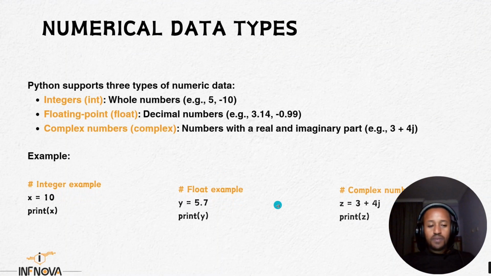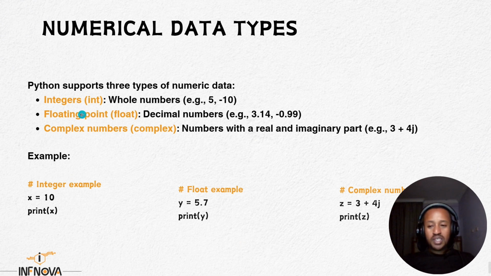Numerical data types are data types which are number focused. For example, if it's an integer data type, then it's a whole number. It could be positive or negative, but it doesn't include any decimal points.